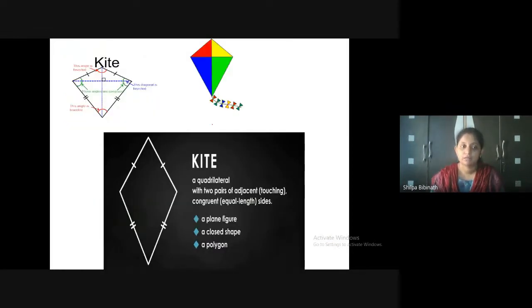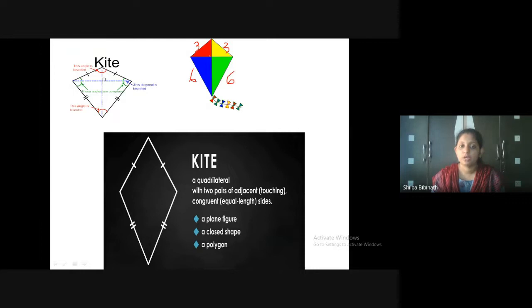Next, about kite. What is the property of a kite here? Now here you can see a kite. If this is 3 centimeters, the adjacent side will also be 3 centimeters. If this is 6 centimeters, this side will also be 6 centimeters. This side will be a little bit smaller than this side.